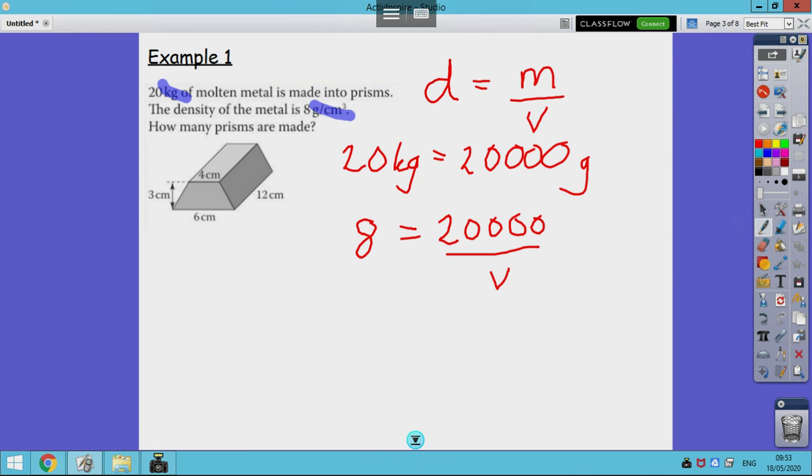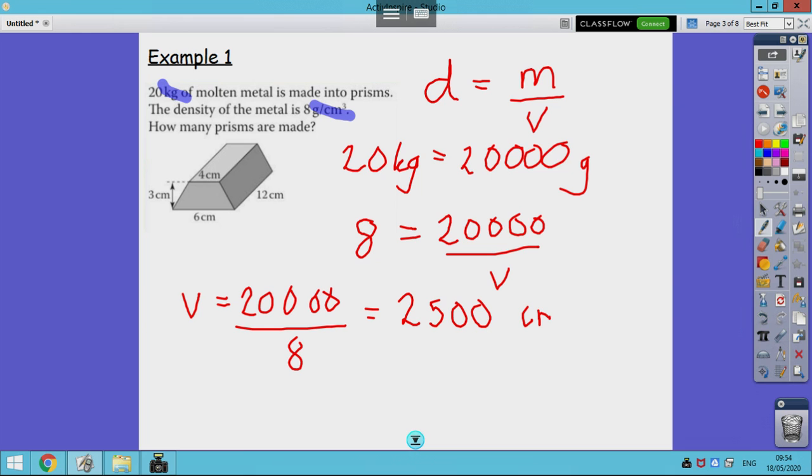So if we rearrange that, multiply both sides by V and divide both sides by 8, we would get V equals 20,000 divided by 8, which is 2,500. And let's think about the units. This is going to be the volume, so it's going to be in centimetres cubed. Okay, so your volume is 2,500 centimetres cubed of that molten metal.